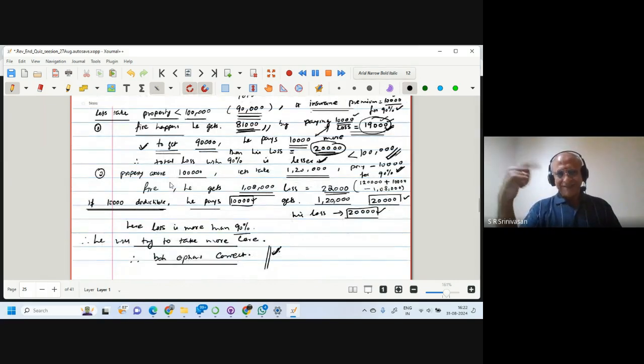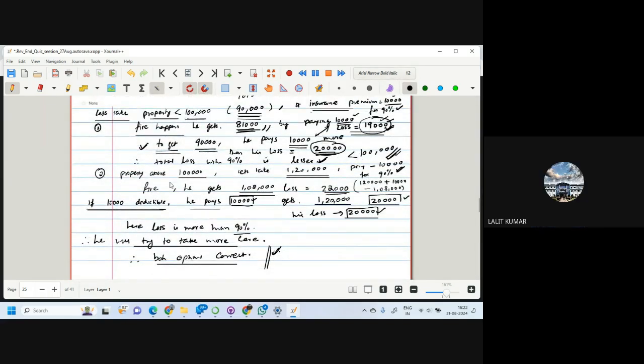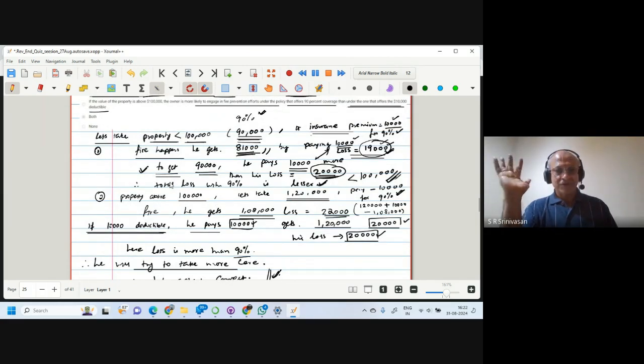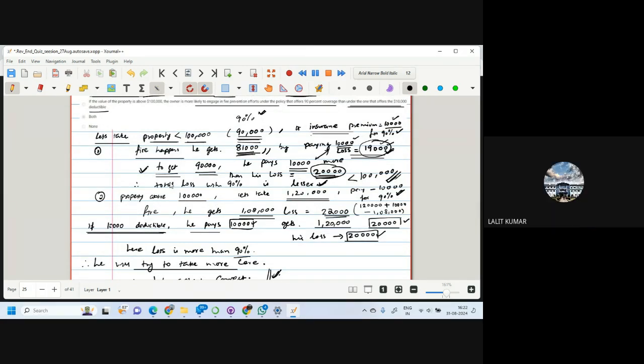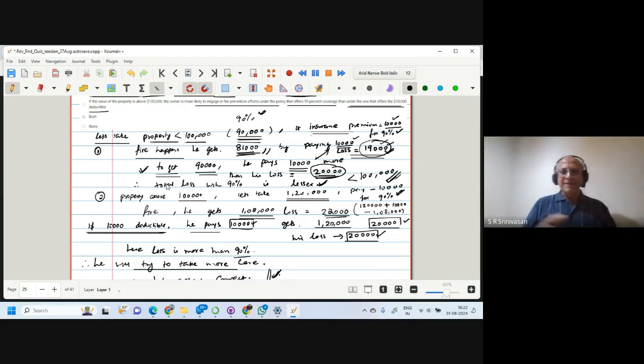One question: in this question, they have not mentioned the cost of insurance. The other way to do it is to just take the claim directly. If the property is 90,000 and there is a 10,000 deductible, you get at most 80,000, whereas with a 10% deductible you get 81,000. So that is the difference.